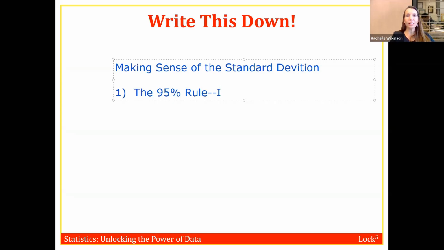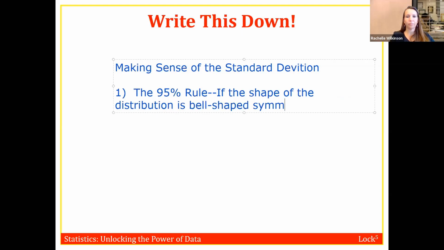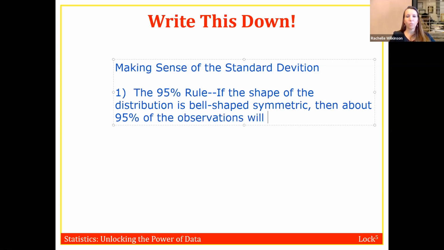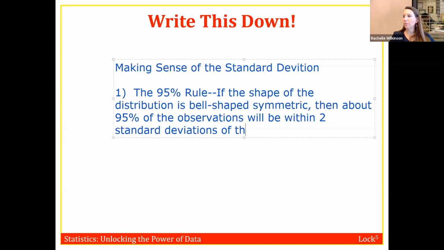So what it says is, if the shape of the distribution is bell-shaped symmetric, then about 95% of the observations will be within 2 standard deviations of the mean.